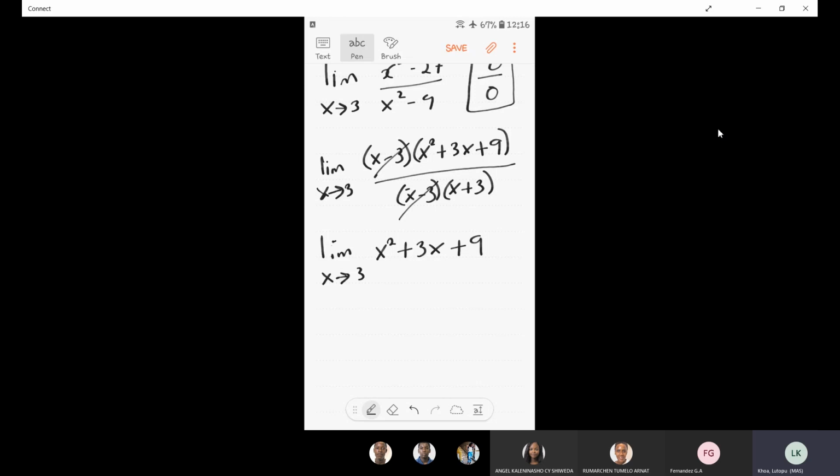And now when I substitute, I don't have the problem of 0 over 0 or infinity over infinity. So this is just equal to (3 squared plus 3 times 3 plus 9) over (3 plus 3).